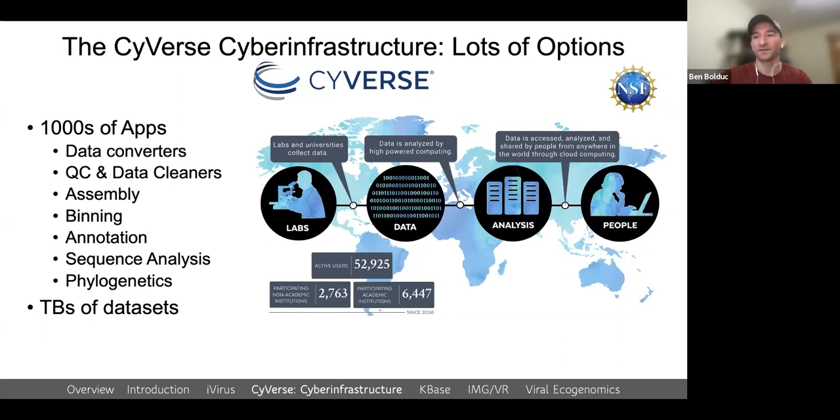They're designed to provide a one-stop shop for all the different types of analyses you could think about. They have thousands of different apps, many of which are not microbial specific. They're just more generalized apps.